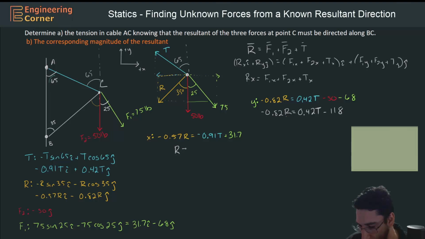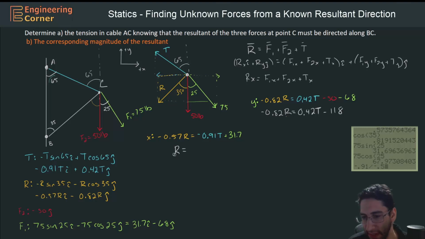So r is going to be equal to minus 0.91 divided by minus 0.57, 1.5, or we'll call it 1.6t.